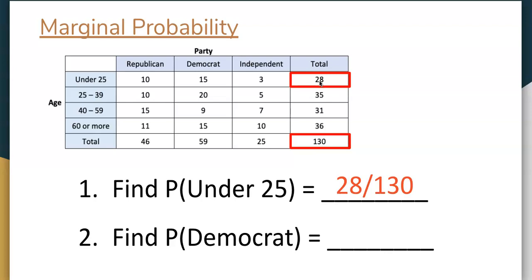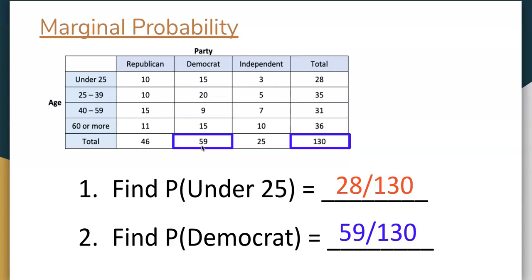Okay, now let's find the other one. Find the probability that a chosen person is a Democrat. So again, out of 130 people, how many of them were Democrats? The total was 59, right? So the probability that we want is 59 over 130.